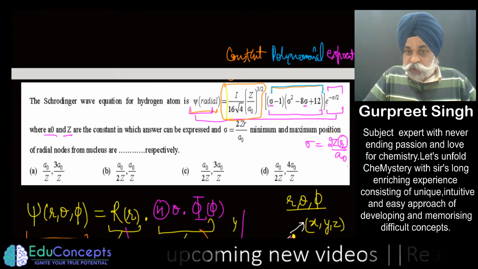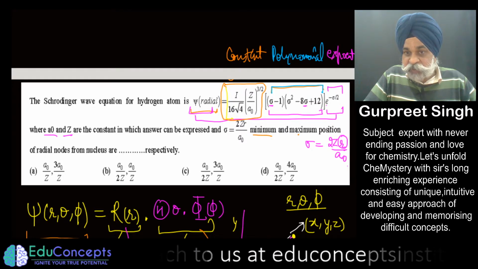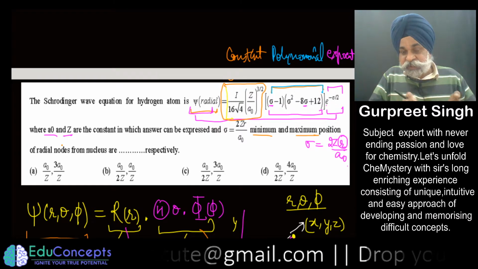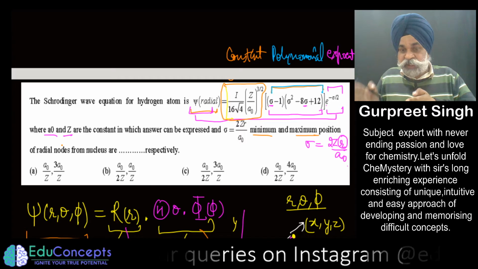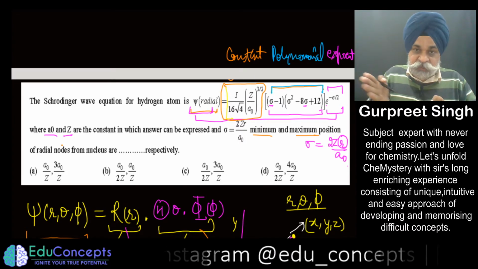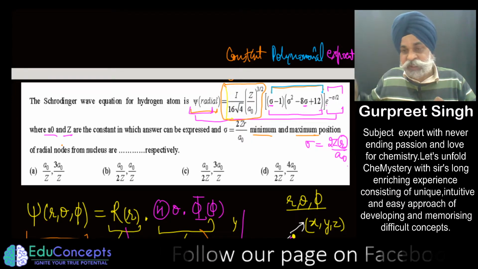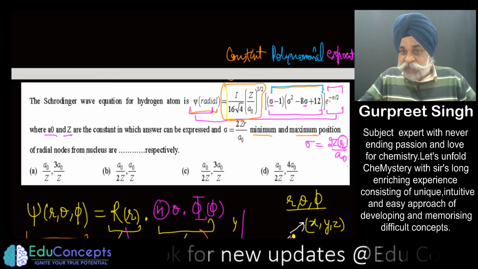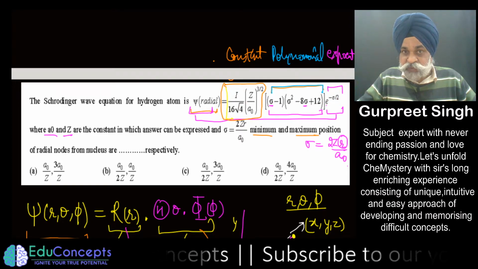In this question he is asking for the minimum and maximum position of radial nodes: the minimum distance from the nucleus where psi has become 0, and for that matter psi square has become 0, and the maximum distance at which psi or psi square has become 0.